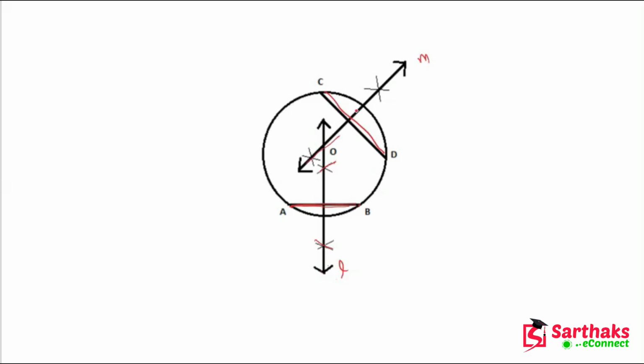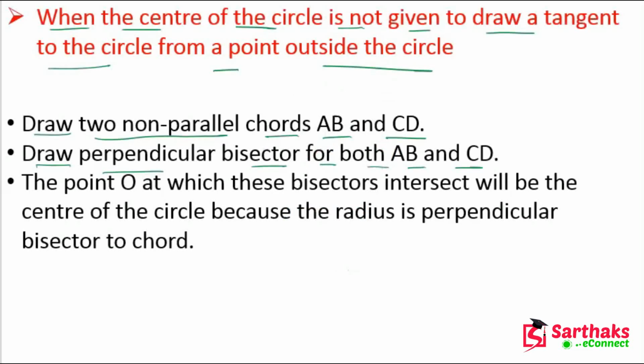Similarly we do this for the line CD, and from these two perpendicular bisectors we get a point of intersection. The point O at which these bisectors intersect will be the center of the circle, because the radius is perpendicular to the bisector of the chord.